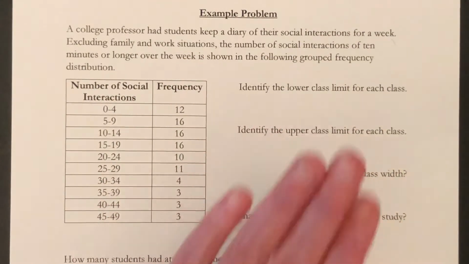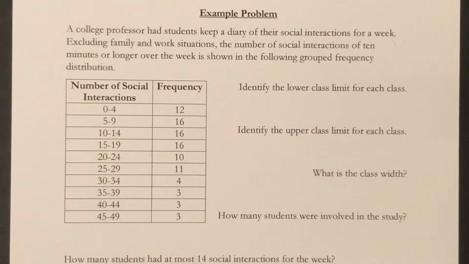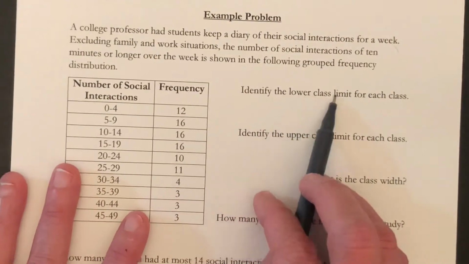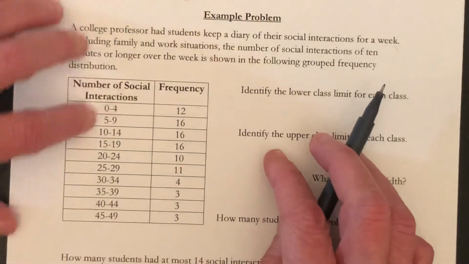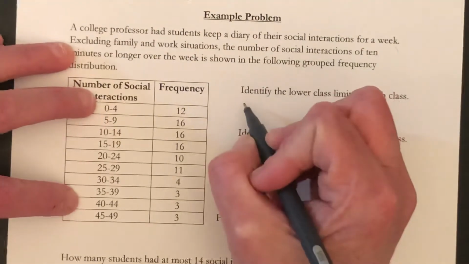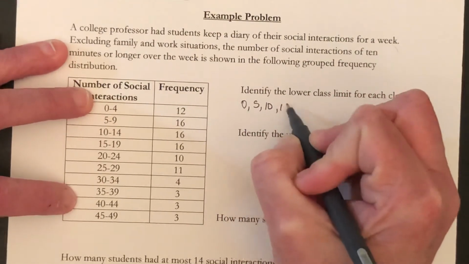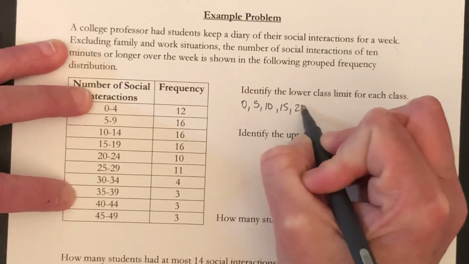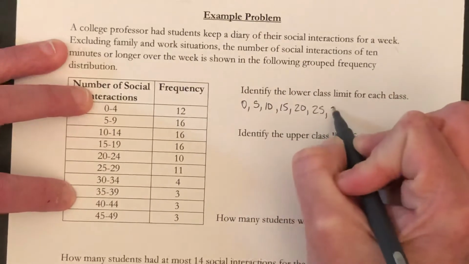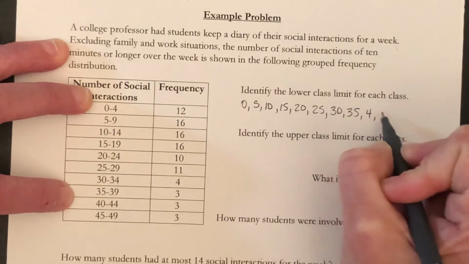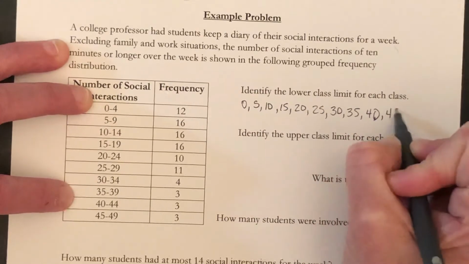Now what they're wanting us to do, first part, is just get the data off of these. They want us to identify the lower class limit for each class. So this would be the left-hand side here: 0, 5, 10, 15, 20, 25, 30, 35, 40, and 45.